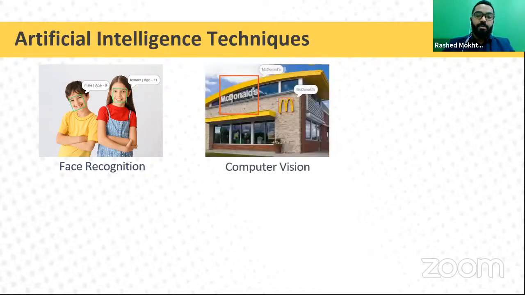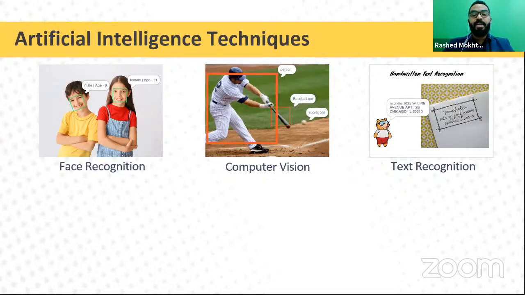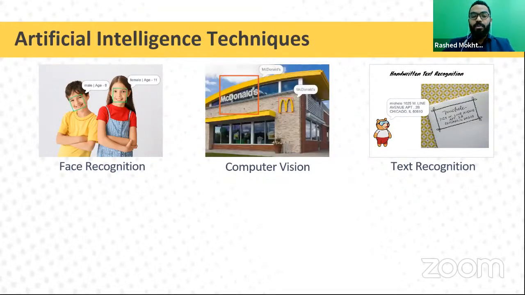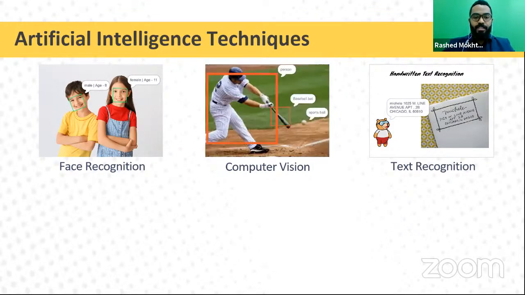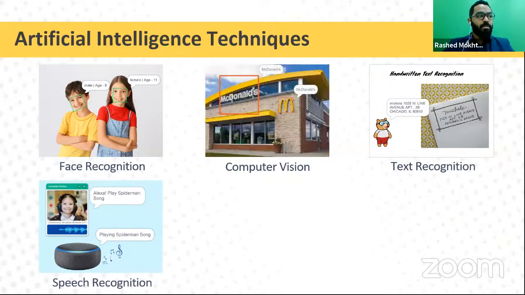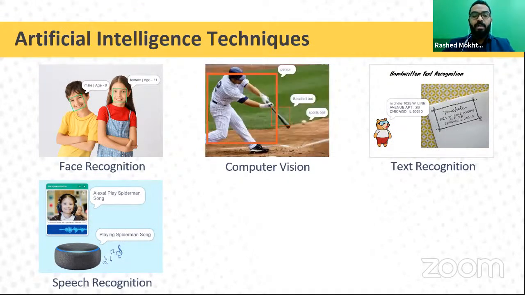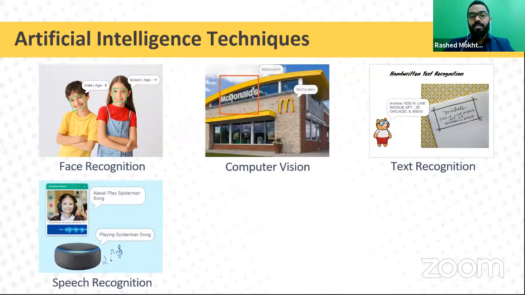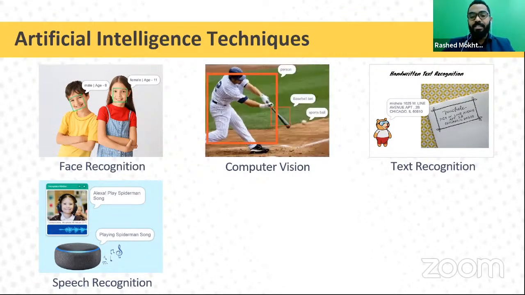You have computer vision. There is text recognition. Most of us use this kind of application on our mobile phones to read text from a picture or from handwritten text. There is speech recognition, and some of you may have smart homes or Alexa, and lots of other devices where you just use speech to operate something else.